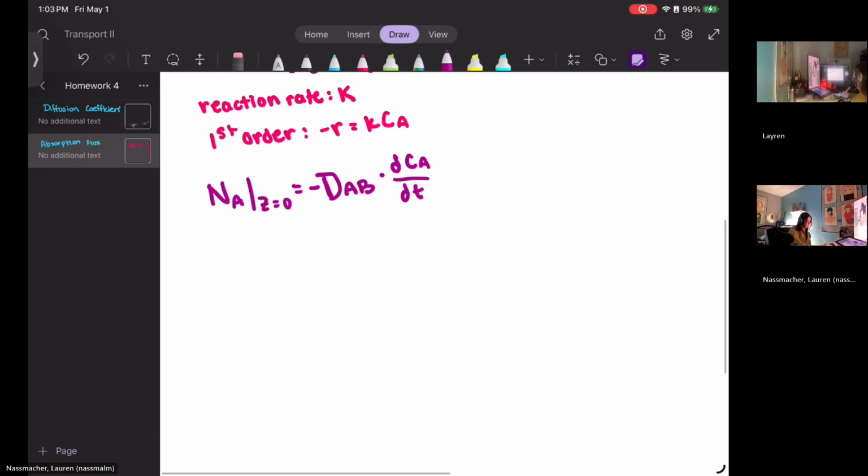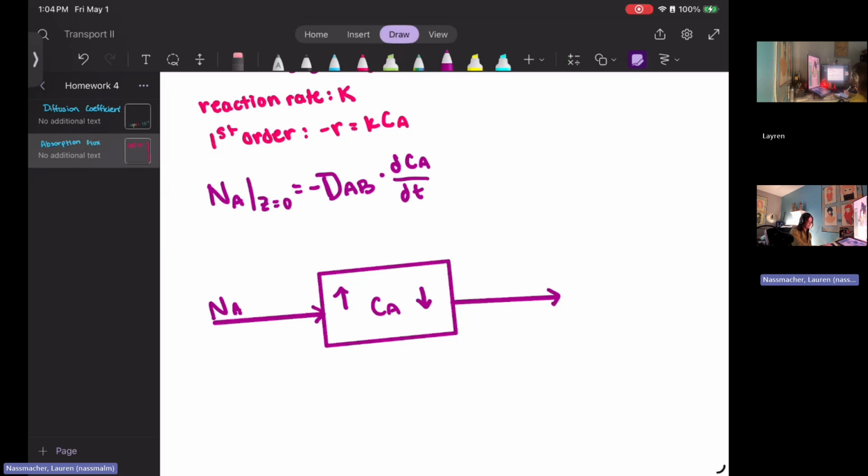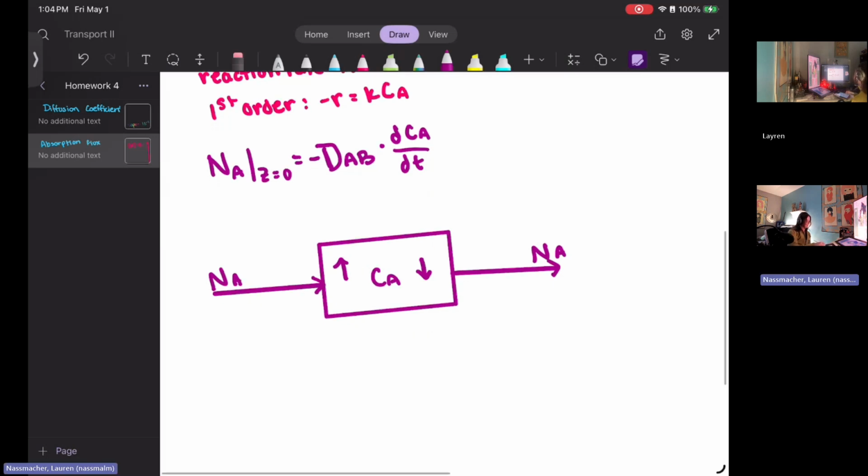Our molar flux of A is traveling through a concentration that's going from a higher concentration to a lower concentration.